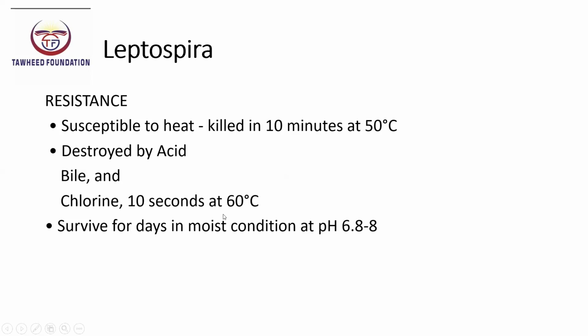However, in a moist environment with a neutral pH of around 6.8 to 8, they can survive for several days. This explains their persistence in contaminated water sources and their transmission through floods or stagnant water.